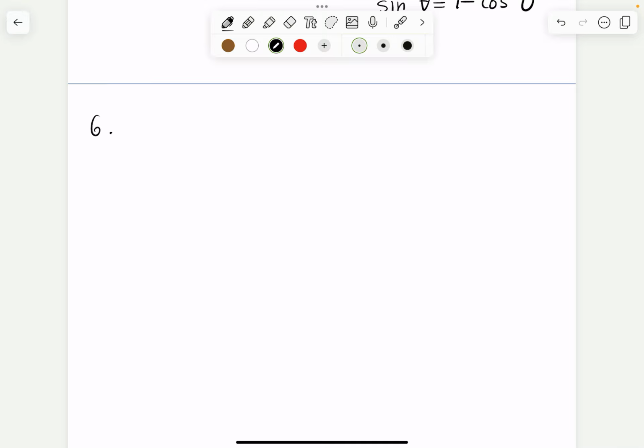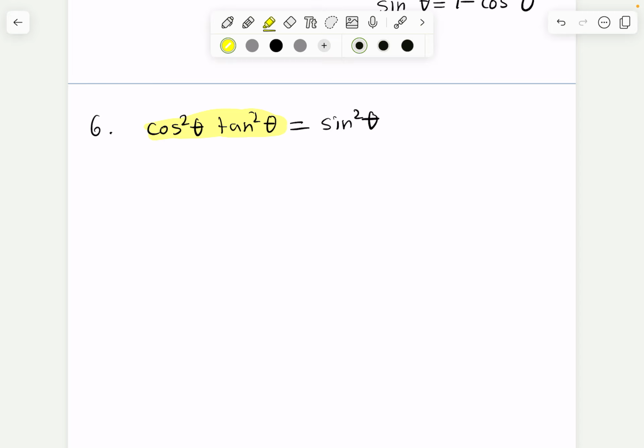All right, 6. Once again, we're going to mess with the side that has some more terms. So here I see a tangent squared and a cosine squared. A lot of times people want to use the Pythagorean identities, but what I would say here is, once again, on the right side is a sine squared.